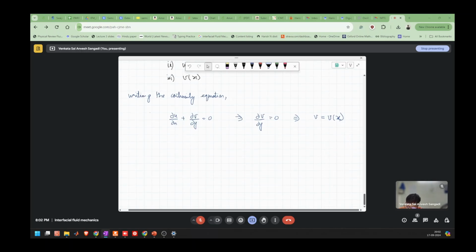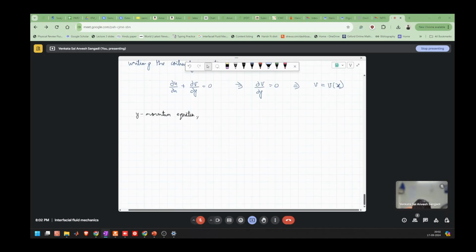So we'll write the y momentum equation: del v by del t plus u del v by del x plus v del v by del y equals minus del p by del y plus mu times del square v by del x square plus del square v by del y square.